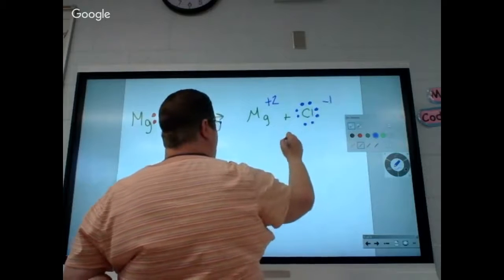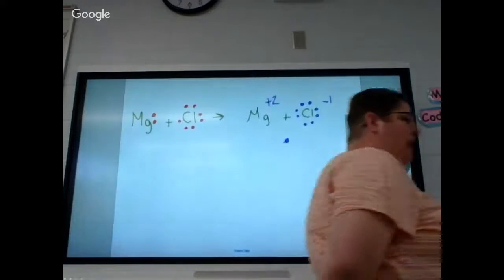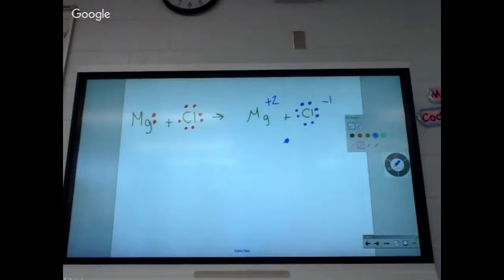And we have this one floating around out here. Can we have one electron floating around in space that didn't have a home? No. It's got to have a home. No homeless electrons are allowed. We have to add an element to the product side to give that electron a home.